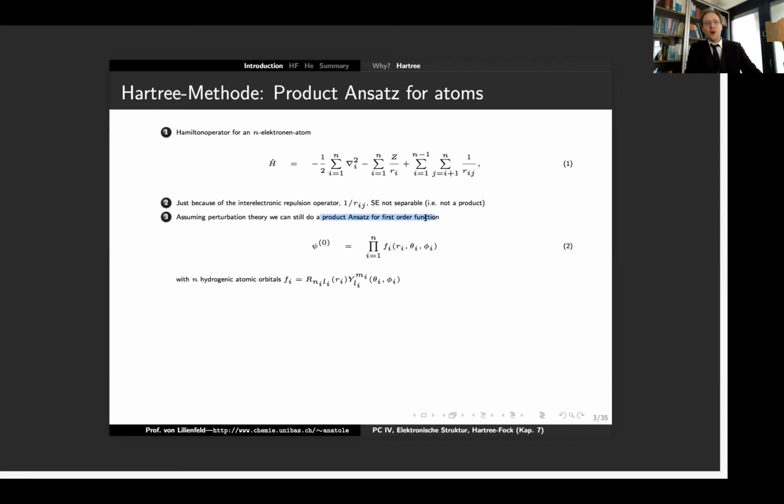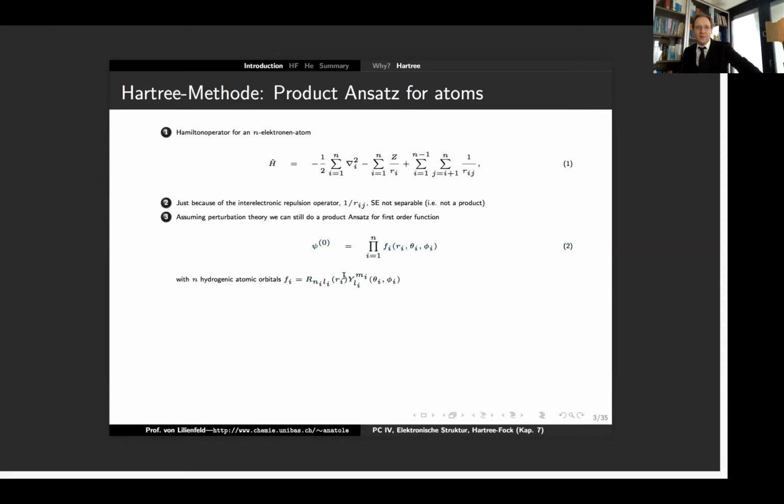for our first order wave function, where we say now we have basis functions for every electron, and our total wave function is a product of these. And we actually say these orbitals are just hydrogenic atomic orbitals, the solution to your Schrödinger equation for the hydrogen atom.